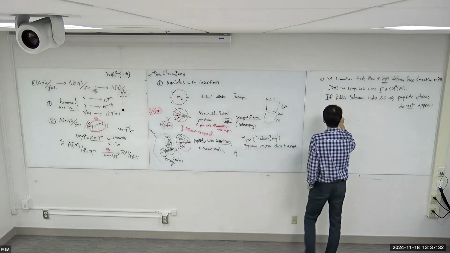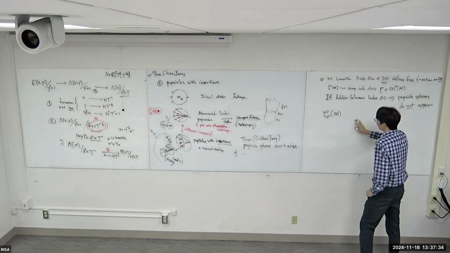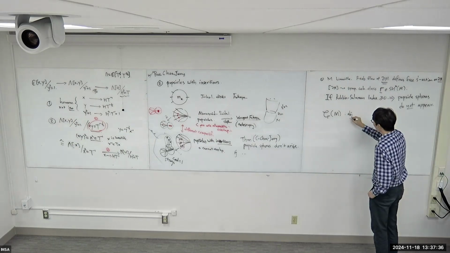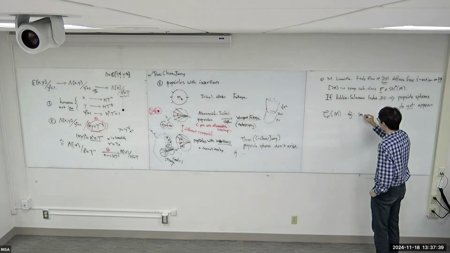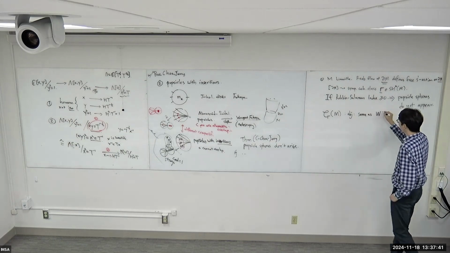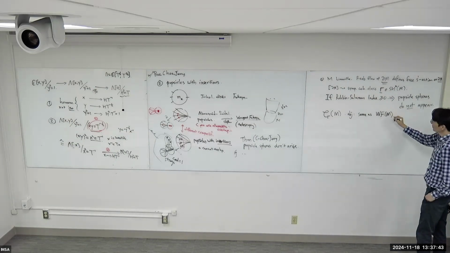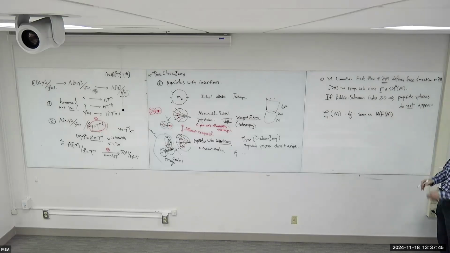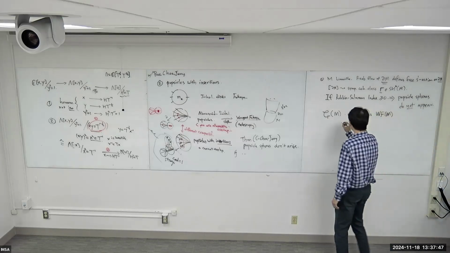It says the objects of this new category are the same as the Fukaya category of M. So it's just compact or non-compact Lagrangians equipped with some brane structures.